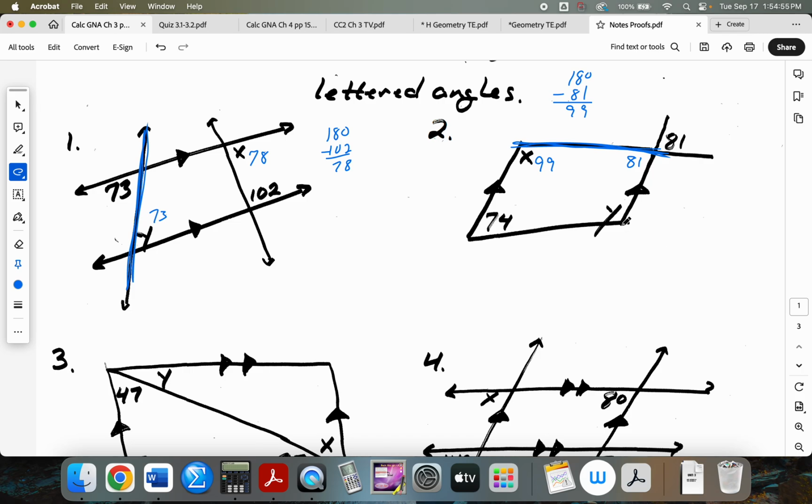Then for the y, do I want to go side to side or up and down? I want to go side to side because I want to go across the parallel lines. What kind of angles are the 74 and the y? Same side interior. So they are supplementary. 180 minus 74 is 106.